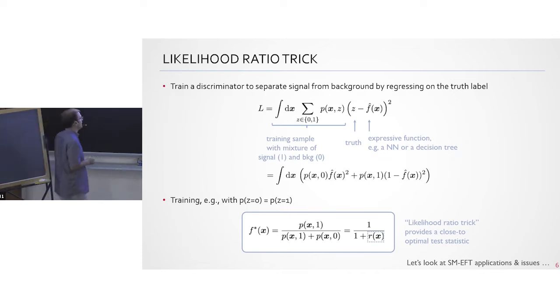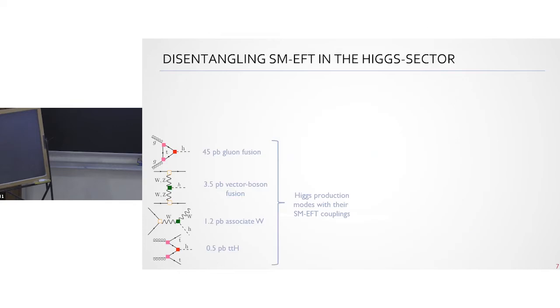That's the likelihood ratio trick, and it's something at the very heart of all the sensitivity studies, because that is the thing the Neyman-Pearson lemma tells you to learn. If you can learn that, you will have optimality in a well-defined sense.